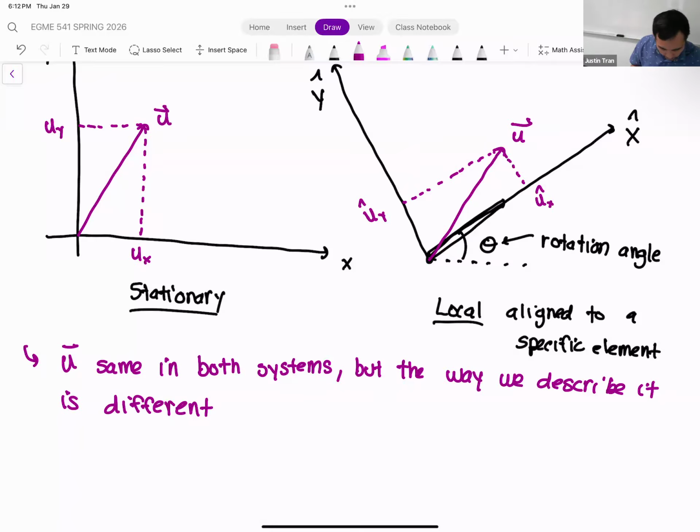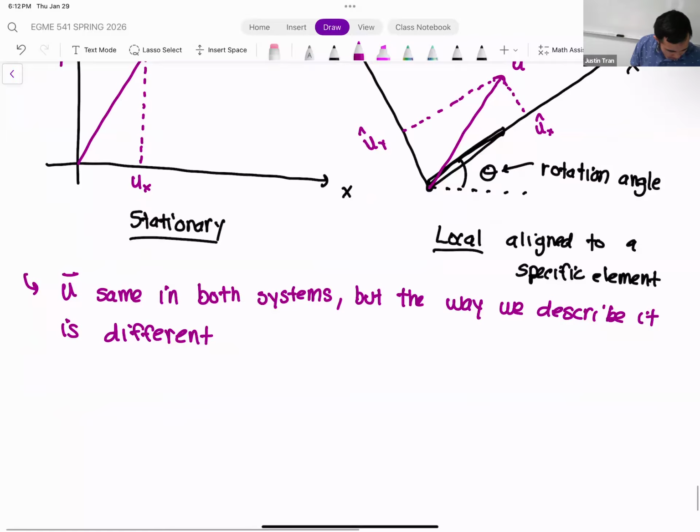Now, let's take advantage of this fact. Since we have the same vector, we can equate the two descriptions to each other in the following way.